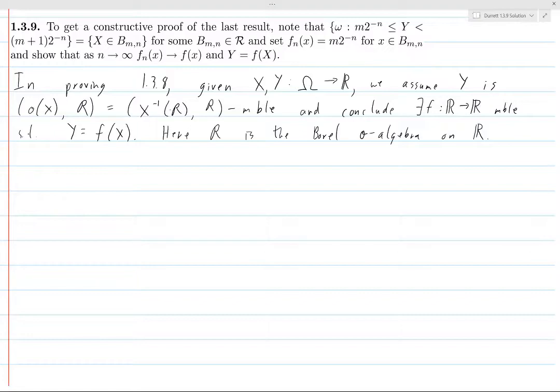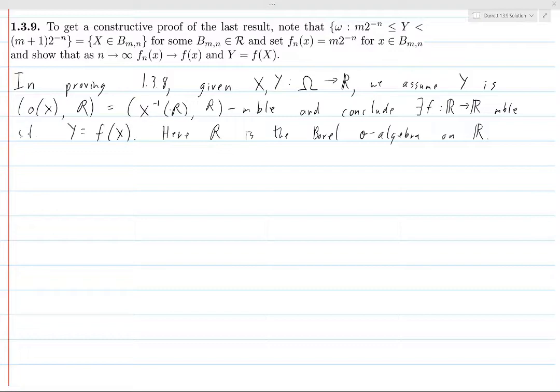Okay, so now we assume that y is measurable in the same sense. And what we need to do is find a function f from R to R which is measurable and such that y equals f of x.